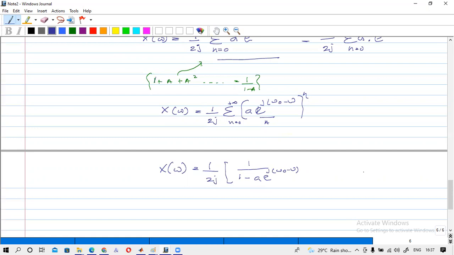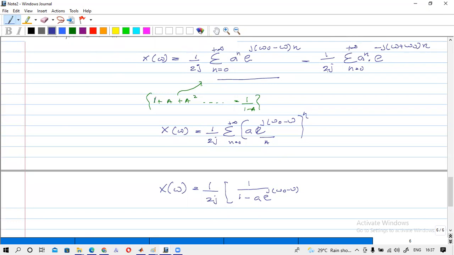Here I have a minus sign and 1 by 2j, and here I have a minus sign, and for this part we can use the same power series expansion. So you will have minus 1 minus a e to the power minus j omega naught plus omega. So this will be my result.